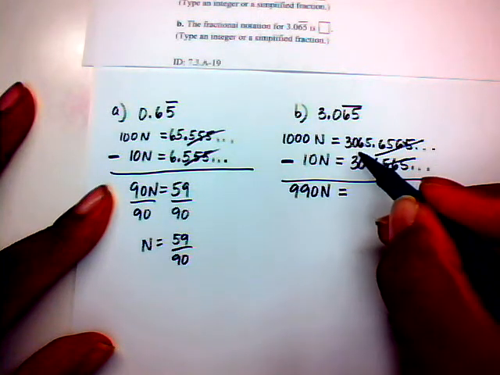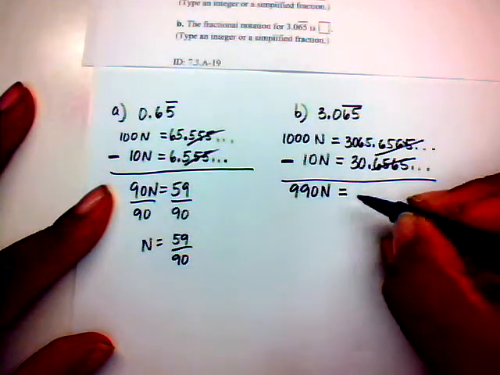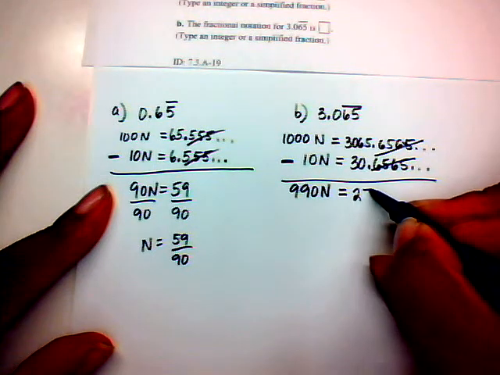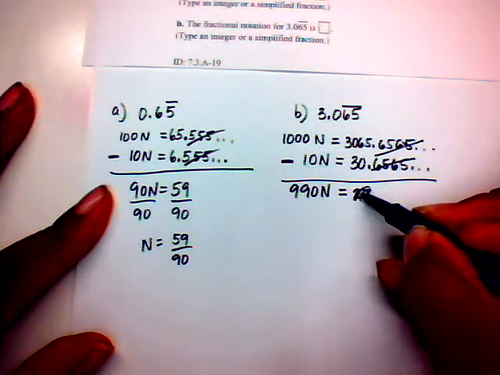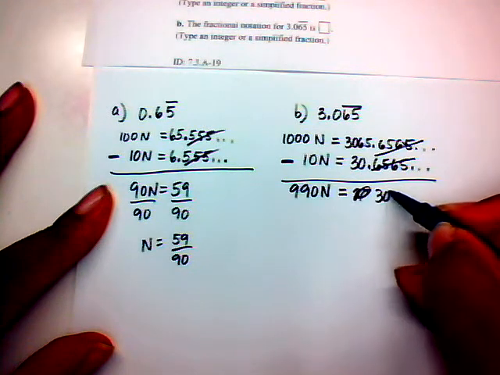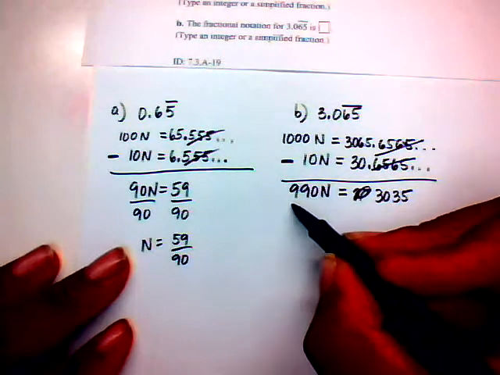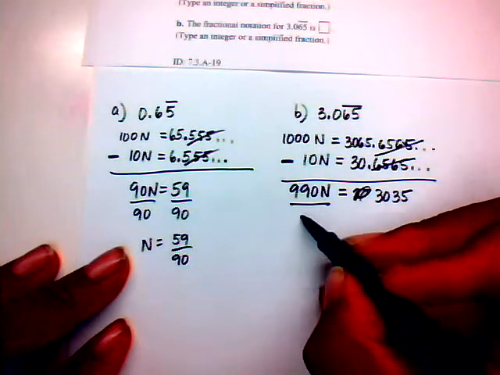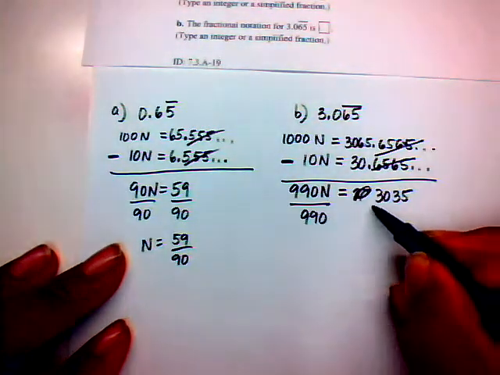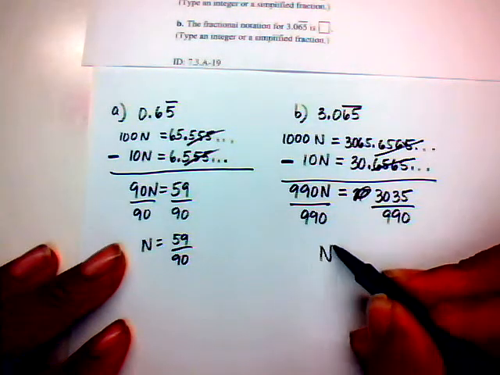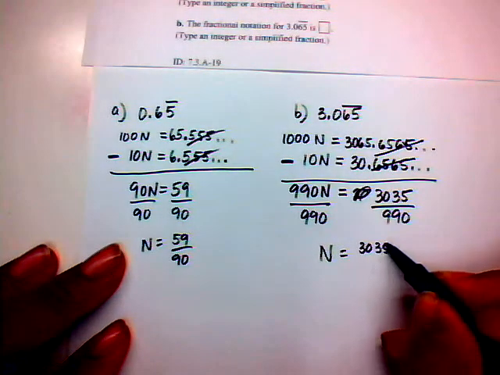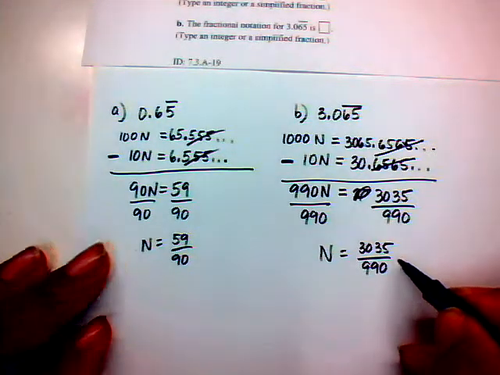So 3065 minus 30, let me check my subtraction because I could be wrong. 3065 minus 30 is 3035. Okay, so I have 990n is equal to 3035. Divide both sides by 990. I'm going to get n is equal to 3035 over 990.